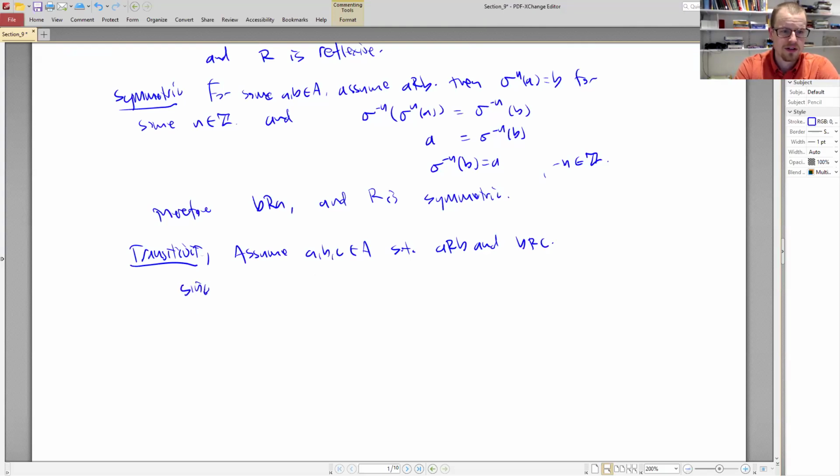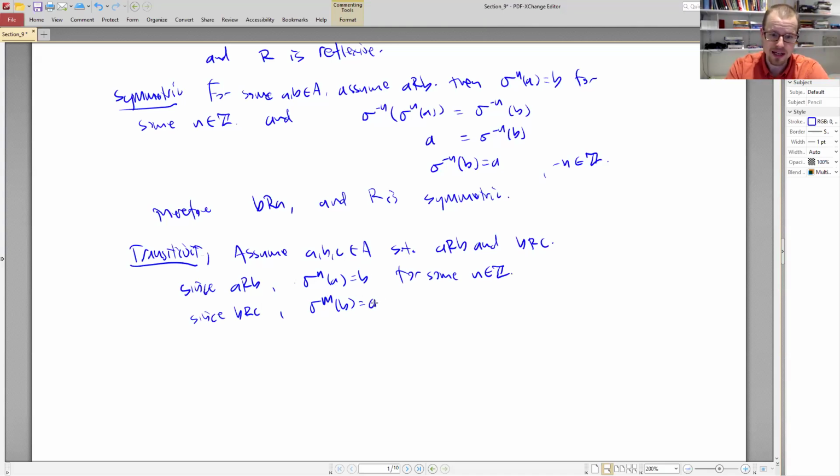Since a is related to b, we have sigma to the n of a is equal to b for some n, which is an integer. And since b is related to c, we can say that sigma to the m, I got to pick a different number there. m and n could be the same, but we're not guaranteed that they are. Sigma to the mth power of b is equal to c, for some m, which is an integer.